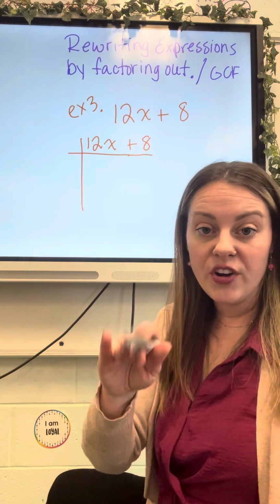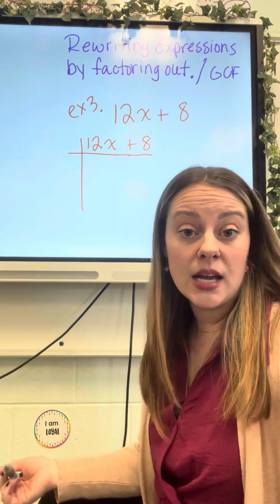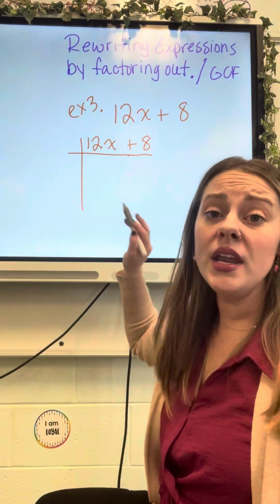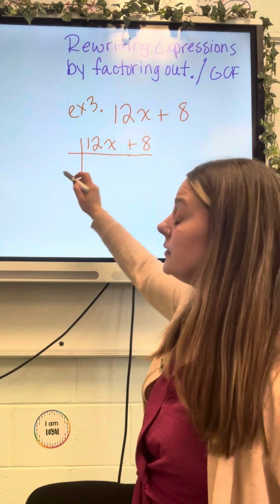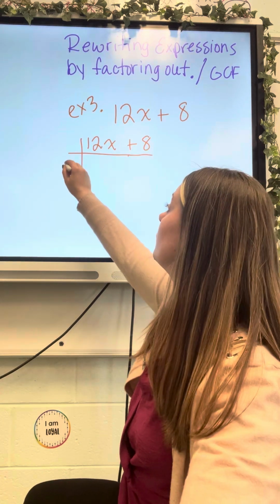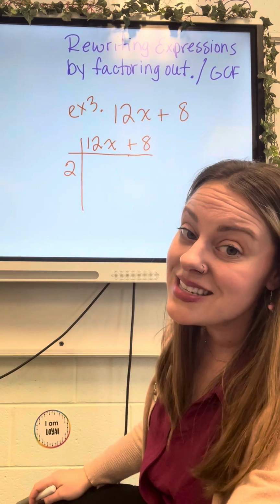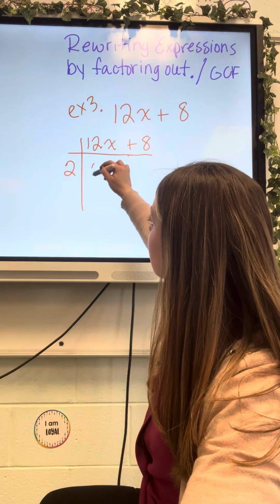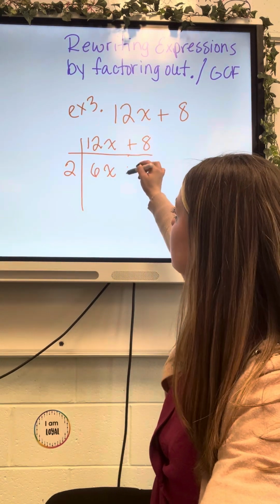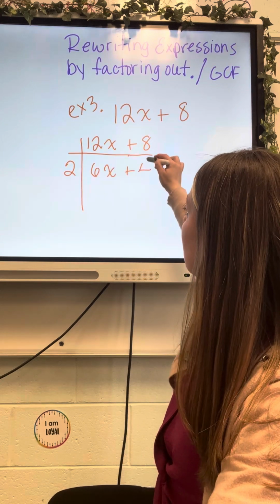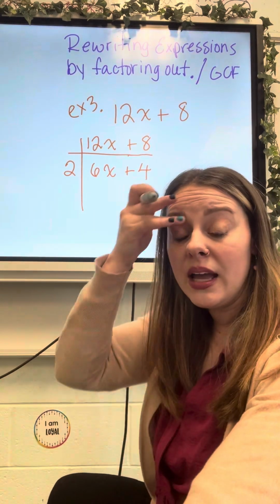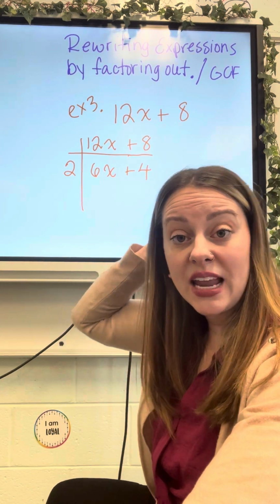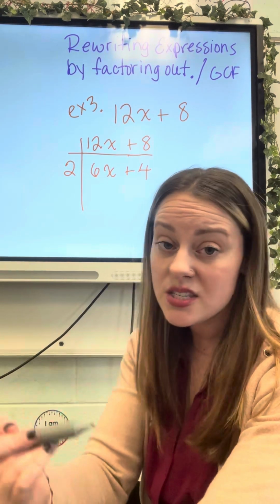Now, don't worry about the variable. You're just going to drop it down like it's the sign, okay? What number can you take out of 12 and 8? 2. We're going to start with 2. We're going to get to the GCF in a second. 2 times what is 12? 6. Drop down the x, drop down the sign. 2 times what is 8? 4.